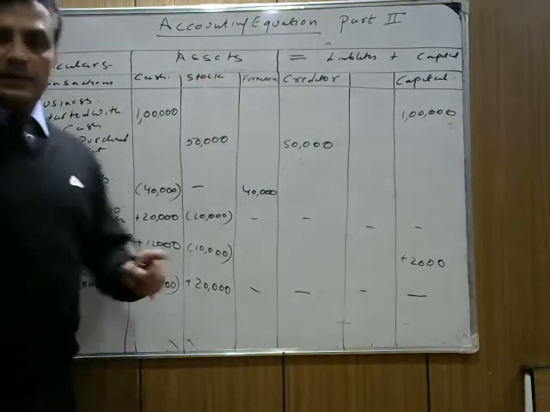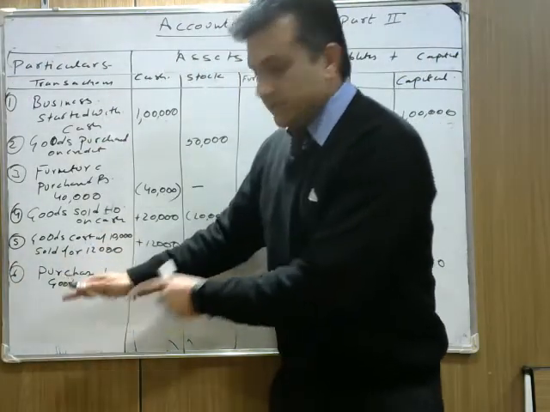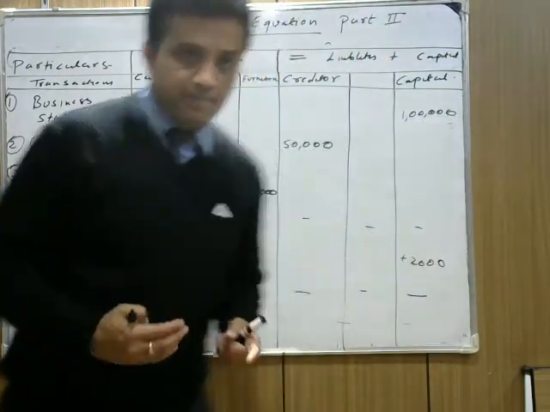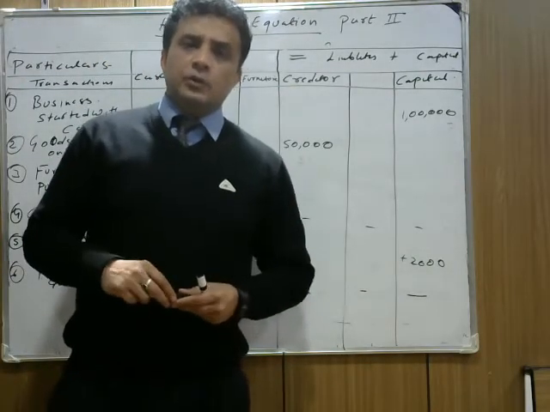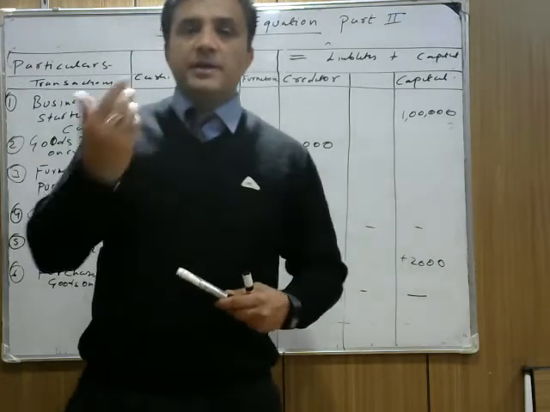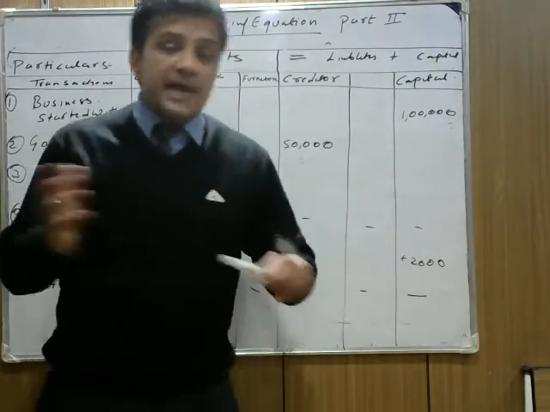Now, I'm doing the 6th transaction. I'm not entertaining rent here because we have less space over here, so I will teach you rent in the next question. Rent is an expense. When you're paying the rent, it decreases our cash, as well as capital because it is an expense.